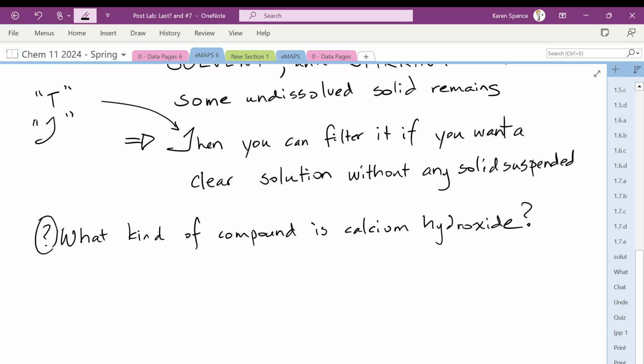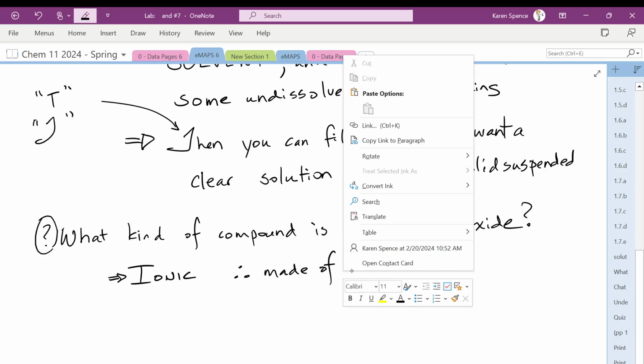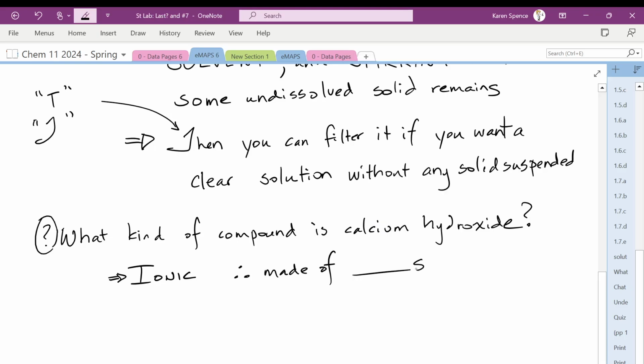All right, ladies and gentlemen, what kind of compound is calcium hydroxide? Ionic. And because it is ionic, it is made of what? Metal and non-metal, but I want to be more generic.